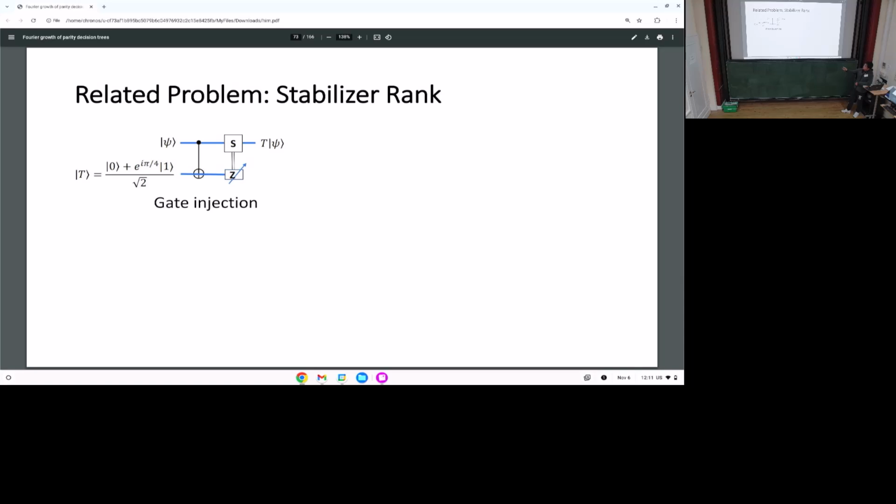If you are given this state, then you can implement the T gate without a T gate, using only Clifford operations. The way you do this is to first do a CNOT, and then you measure the second wire, and based on whether it's 0 or 1, which is classical information, you apply the phase gate or not. So this is something simple. If you take it for granted, then you can have this conversion.